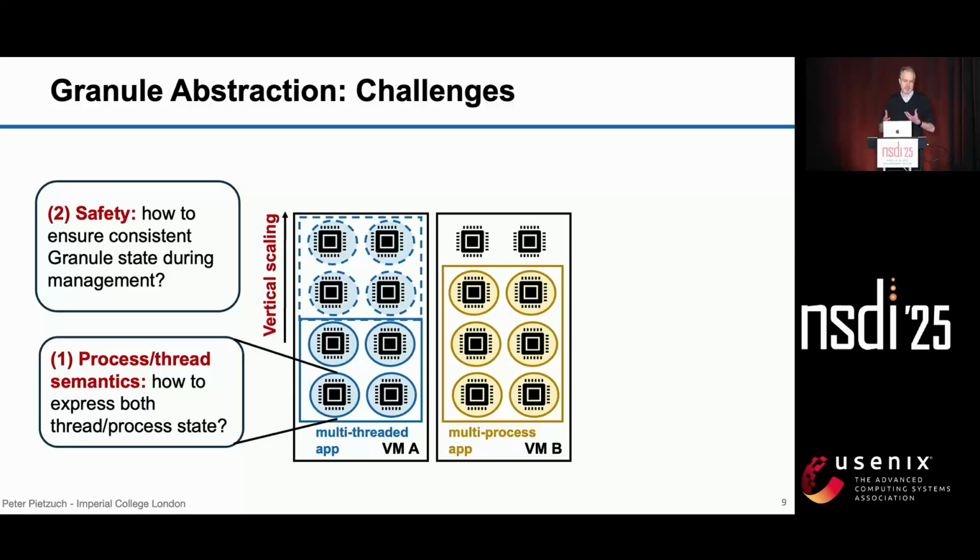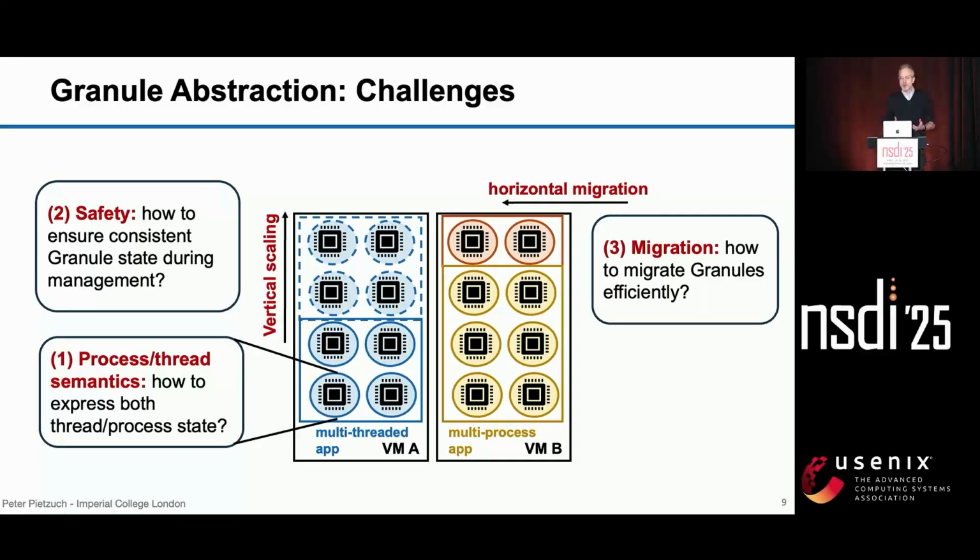If there are, for example, concurrent threads accessing some data structure, how do we ensure that we're not corrupting this data structure as we change parallelism? And then finally, how do we support migration between VMs, implemented as the migration of granules, efficiently so that we get a performance benefit?